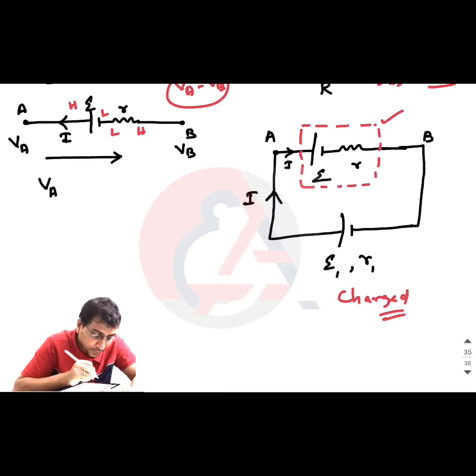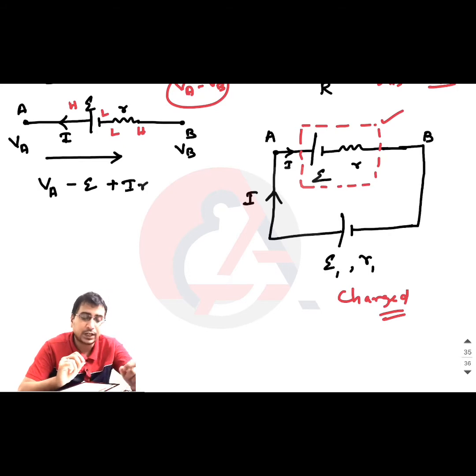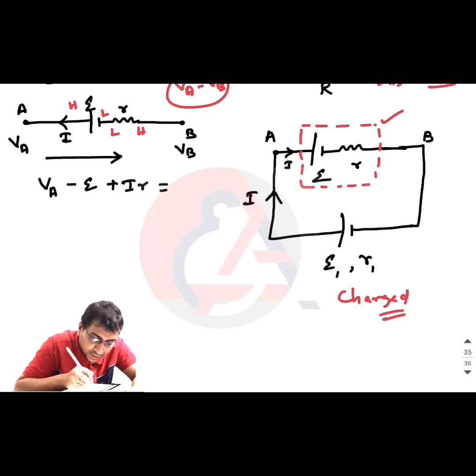Remember in Kirchhoff's law, I told you, when you go from higher to lower, you lose energy, which is negative, minus E. Whereas across the resistor, you are going from lower to higher potential, so you gain energy by a factor of I into R. Whenever there is a resistor, write the product of current and resistance. This will be equal to VB.